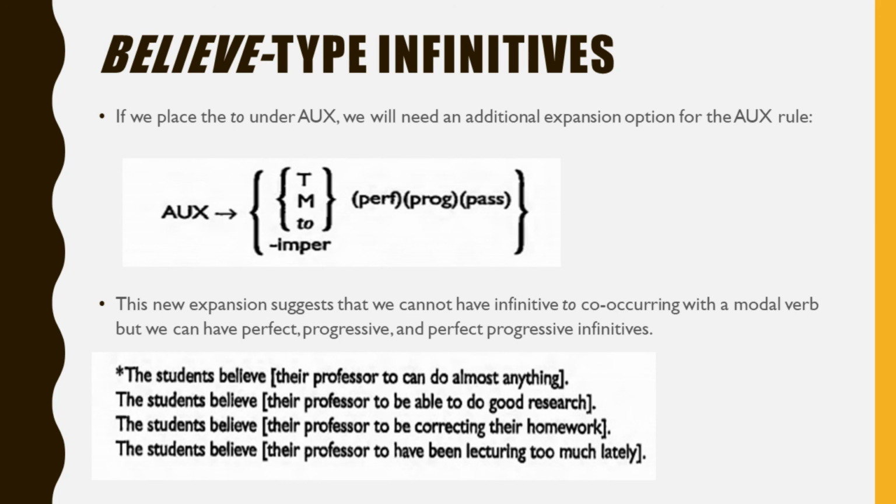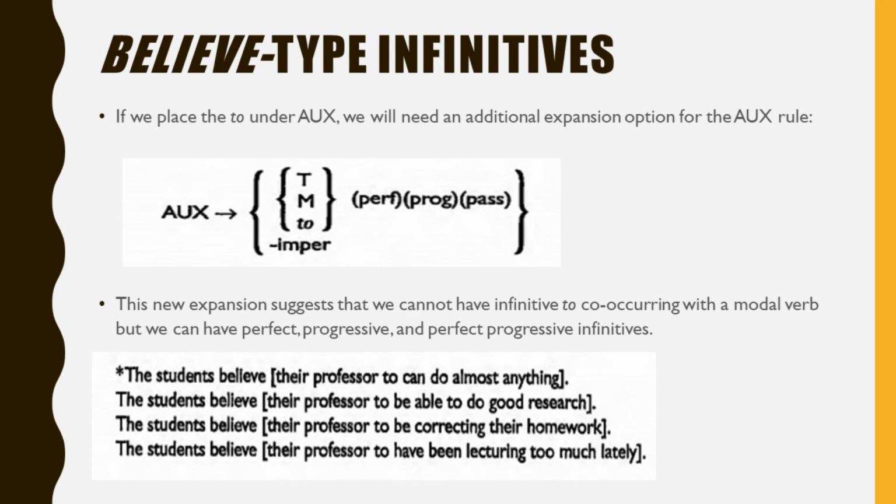But we can have perfect, progressive, and perfect progressive infinitives. In fact, these claims are validated by data such as the following. The students believe their professor to be able to do good research. The to be able there is an example of perfect infinitive.